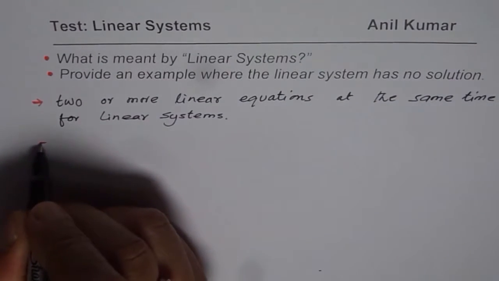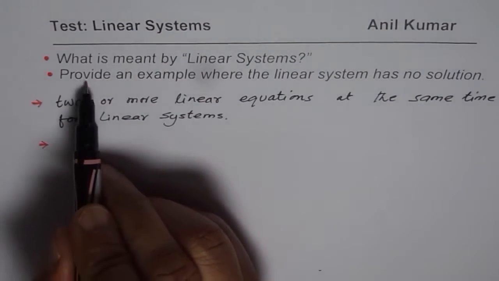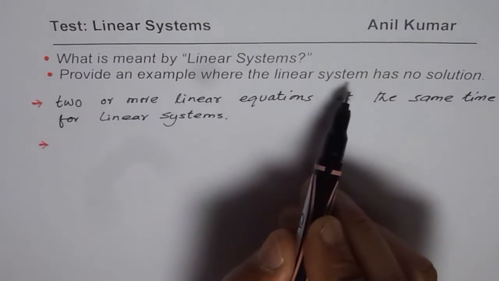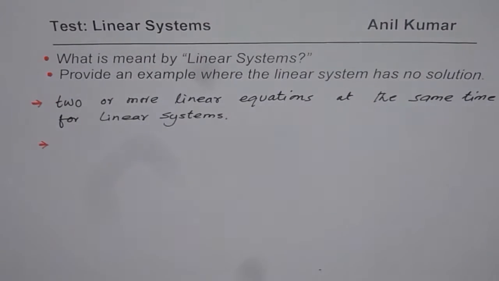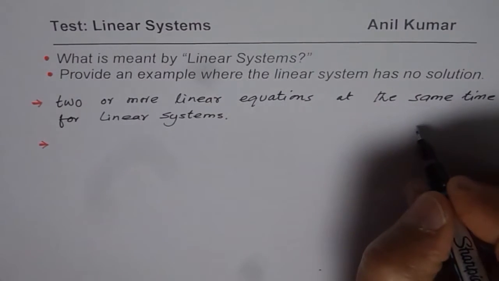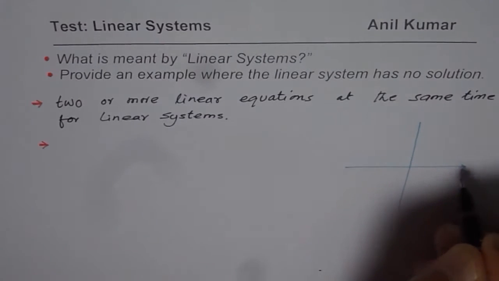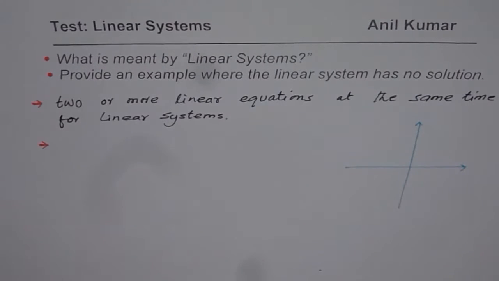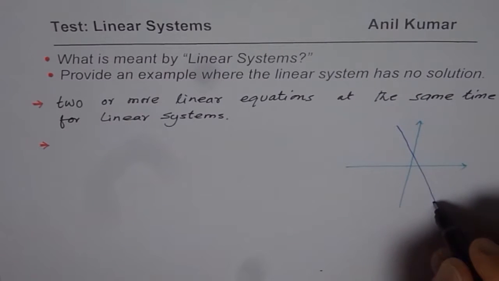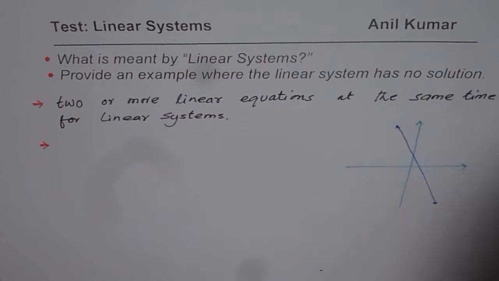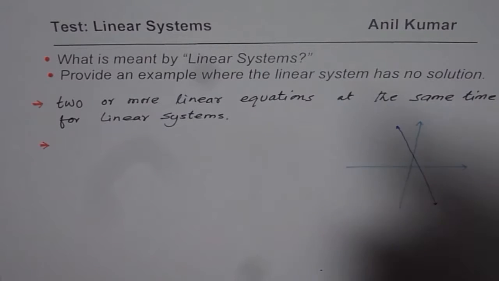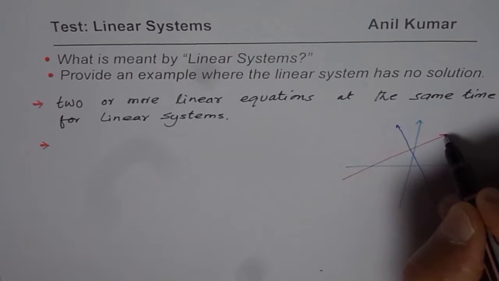And now we'll look into the second part, which says provide an example where a linear system has no solution. Now when we are saying two or more linear equations, on a graph each can be represented by a straight line, correct? So you could have a straight line, let us say something like this, and another straight line maybe like this.